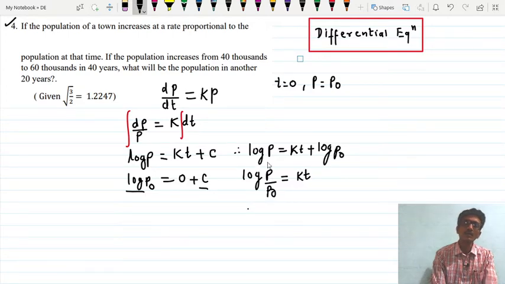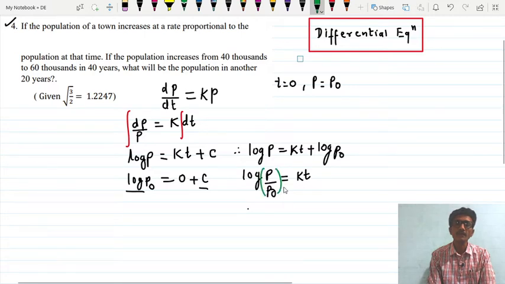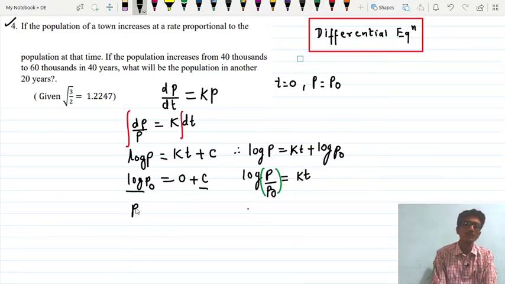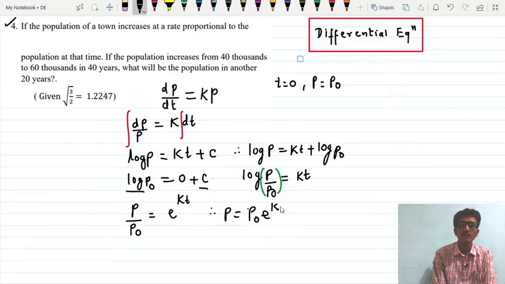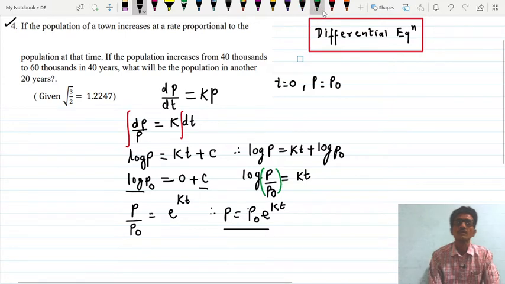Therefore we can put it in exponential form, so P upon P0 is equal to e raised to power KT, and finally we get the equation P is equal to P0 e raised to power KT, where P0 is the initial population. By using this equation we can solve further.